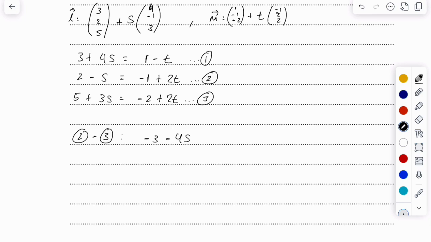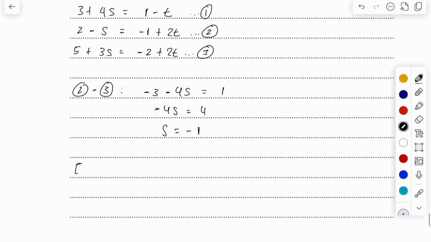And that's going to equal minus 1, sorry, minus 1 plus 2. And from there, we know that minus 4s is going to equal 4, which means that s is going to equal minus 1.